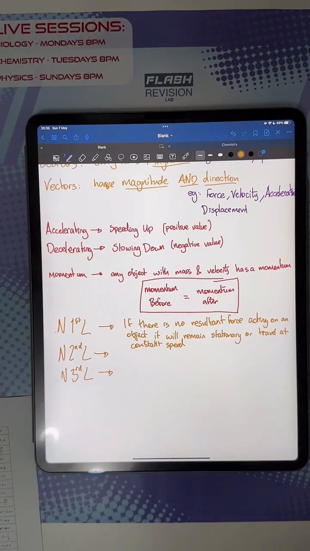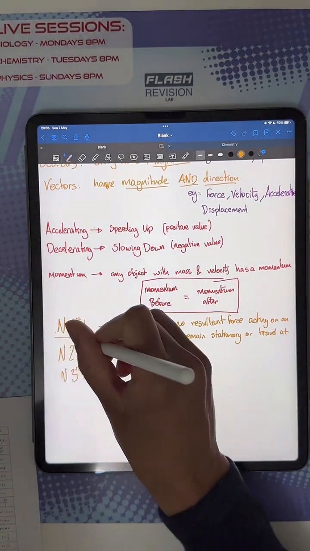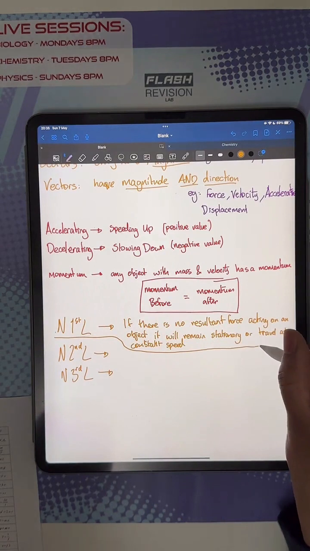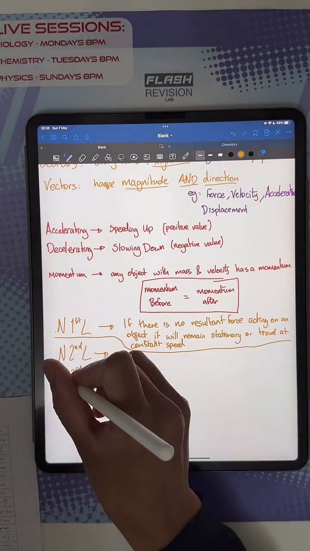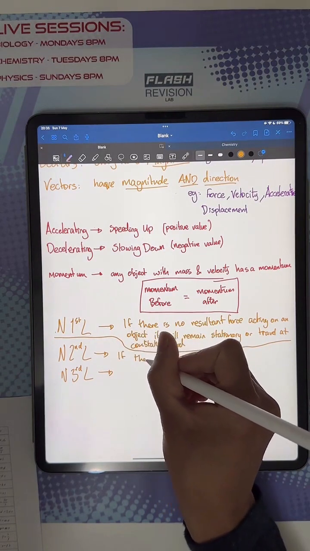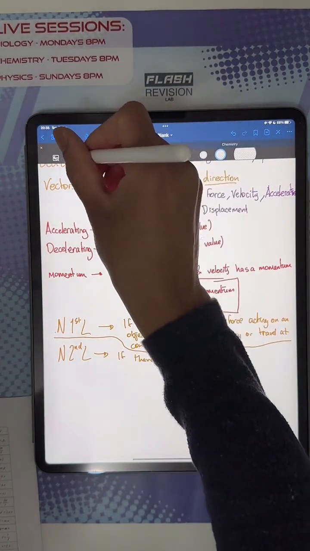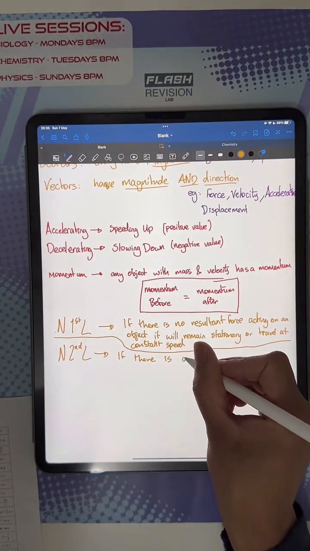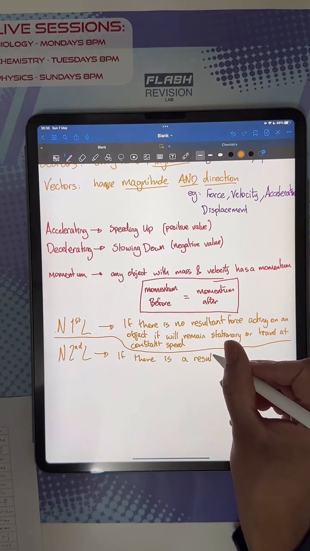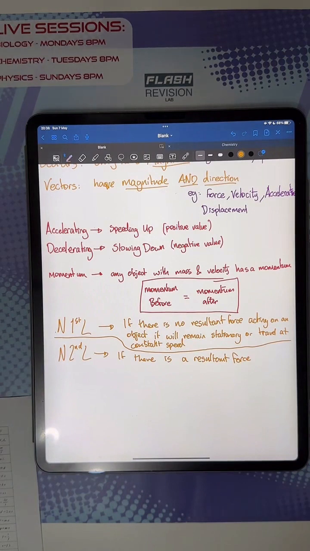If that's the first law, the second law is basically the complete opposite of the first law. So it's when there is a resultant force. So what would that be? If there is a resultant force, it's F equals ma.